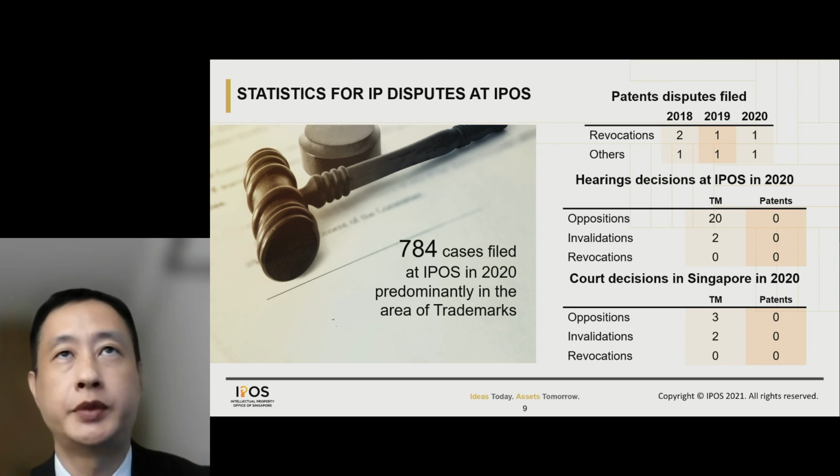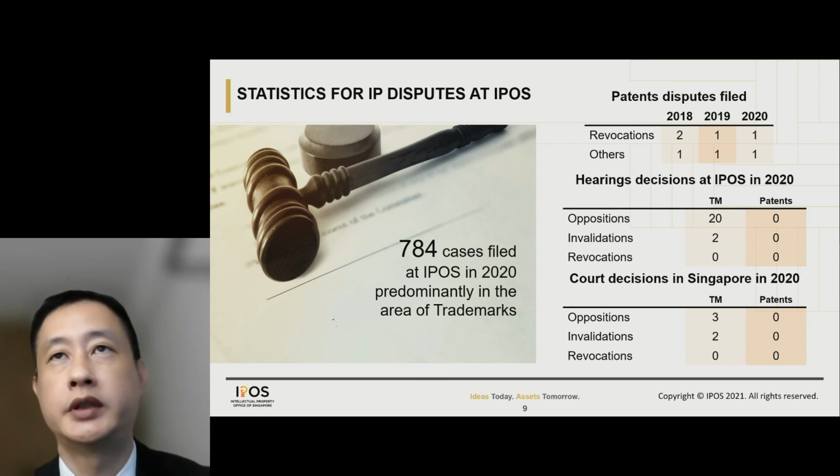Statistics for IP disputes at IPOS. There were 784 cases filed at IPOS in 2020. These are predominantly in the area of trademarks. So on the right, several tables. The number of patent disputes filed in 2018, there were only 3. 2019, 2, and in 2020, there were only 2.